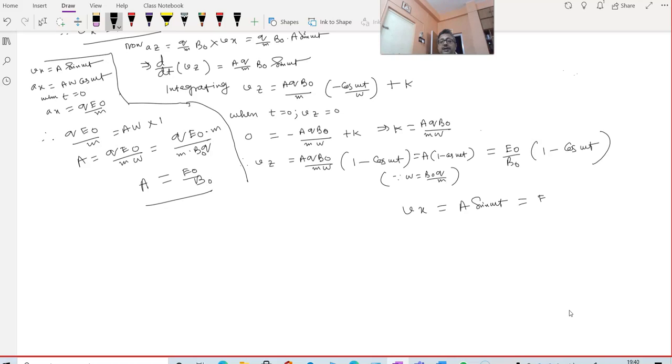that is E0 by B0 sine omega t. So here velocity along x-axis, now you can write E0 by B0 sine omega t.